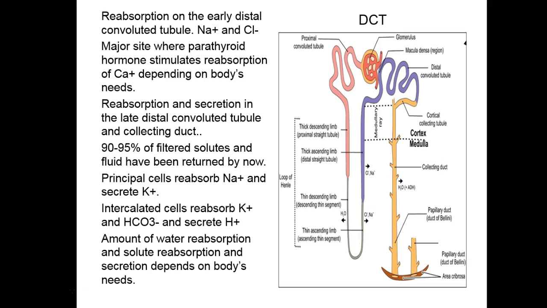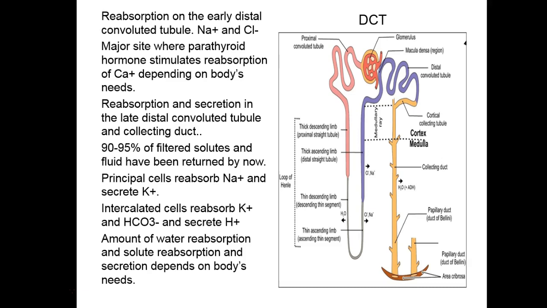In the late distal convoluted tubule, you have reabsorption and secretion. And most of the filtrates have been returned now. Principal cells reabsorb the final touches on the urine, you might say, between sodium and potassium. So final touches is what you have at this area.